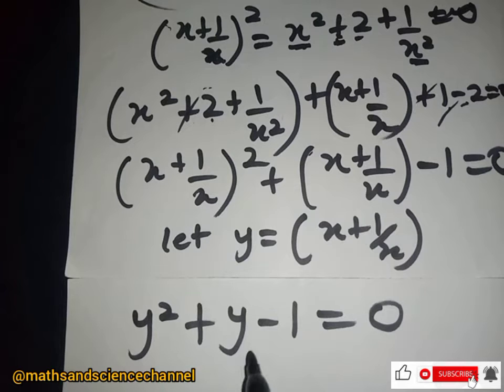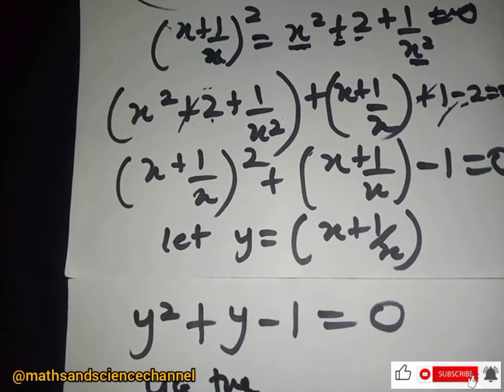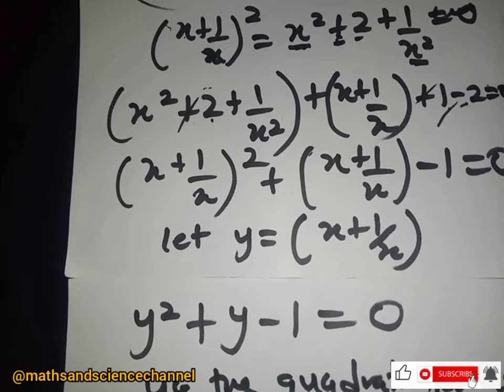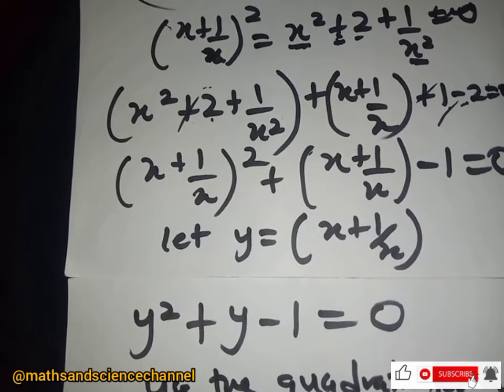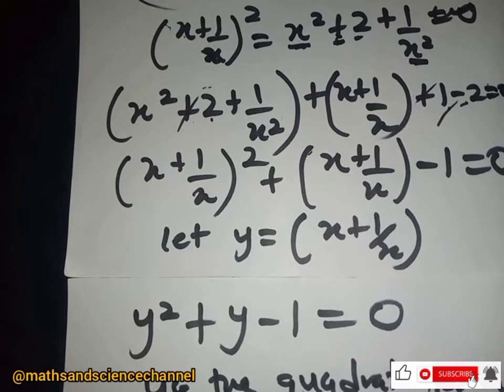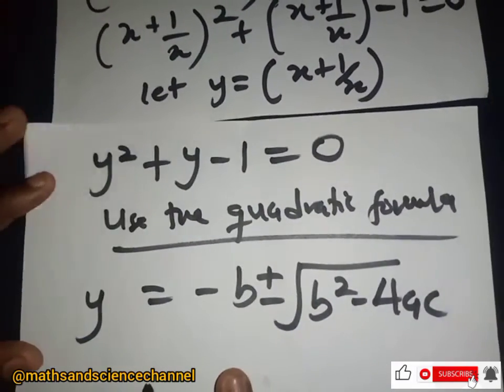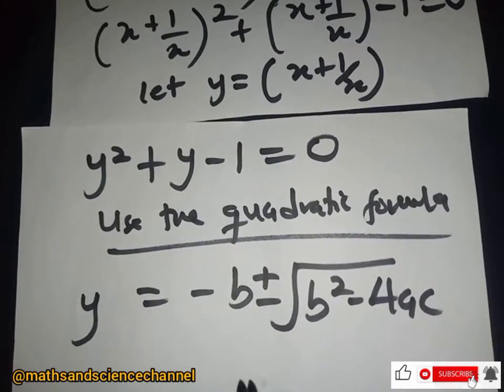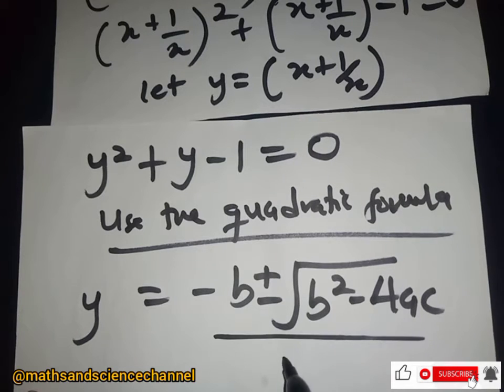Now we can solve this easily, so we are going to use the quadratic formula, which is y being equal to minus b plus or minus the square root of b squared minus 4ac, all divided by 2a.